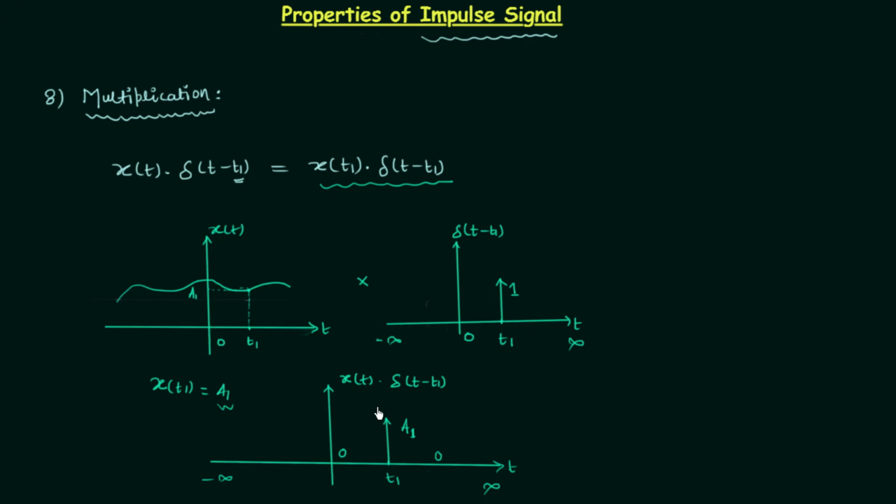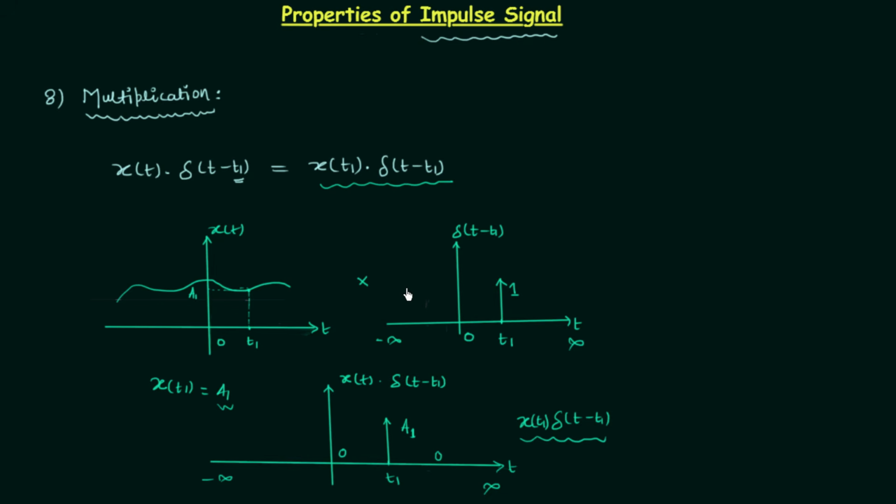So the resultant signal is an impulse signal, and it is delta(t minus t1) with the weight equal to a1, and instead of writing a1, we can also write x(t1). So let's write x(t1) instead of a1 to generalize the result, and if you compare this, you will find it is same as the right hand side.